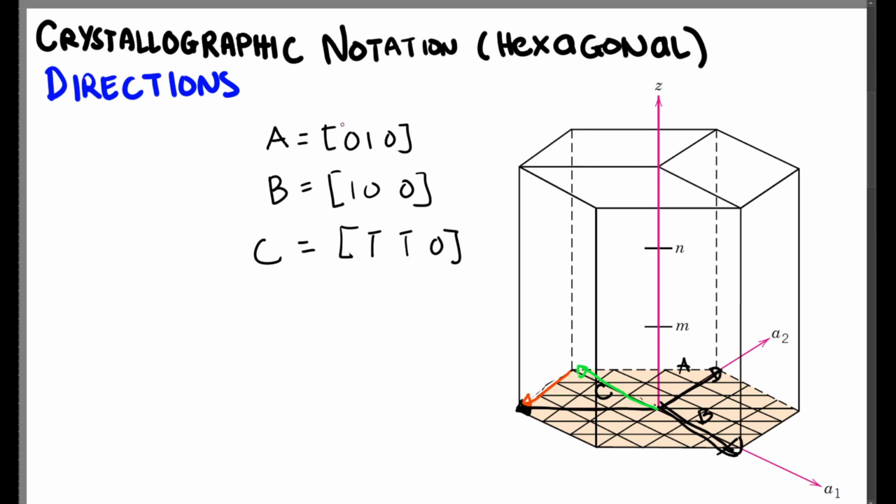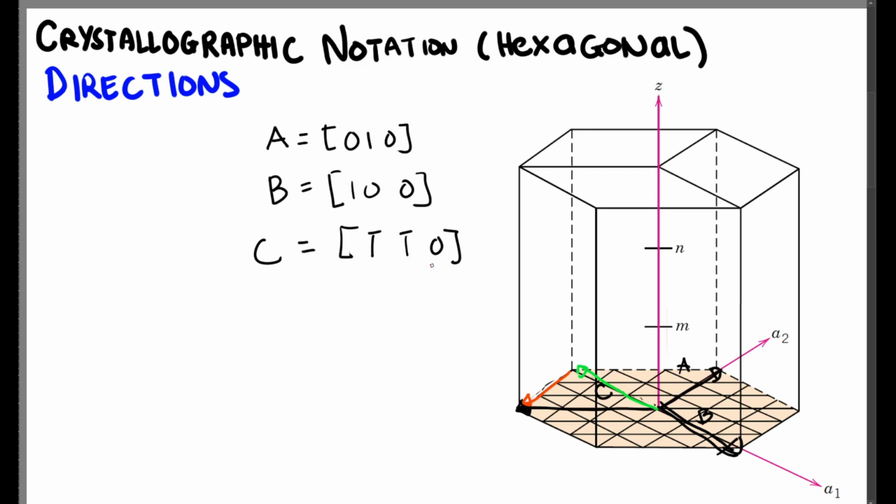Now, even though directions A, B, C are crystallographically equivalent, in the three-axis system their indices do not readily tell us that they are equivalent, since it's 0, 1, 0, 1, 0, 0, and this one is 1 bar, 1 bar, 0.